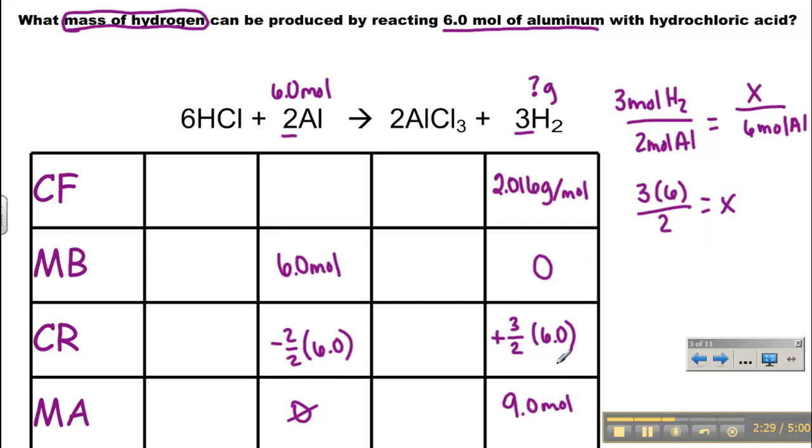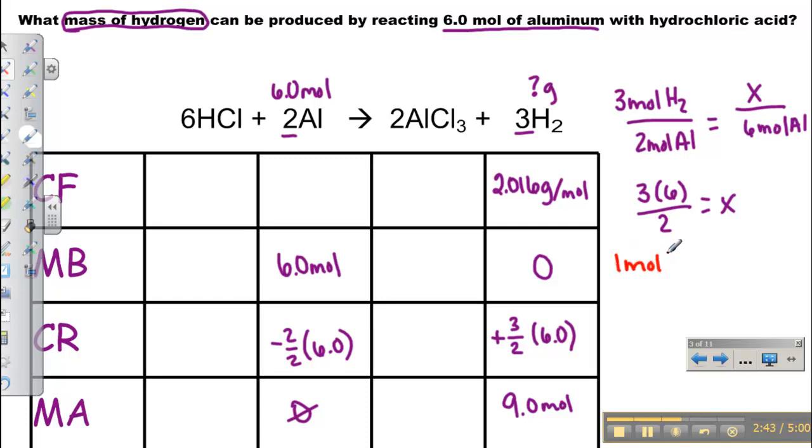Now this is not our final answer because our answer needs to be in grams. So we must convert those moles to grams. So I'm going to use a different color here. So we know that 1 mole of hydrogen is 2.016 grams of hydrogen. We know that we have 9 moles over x.